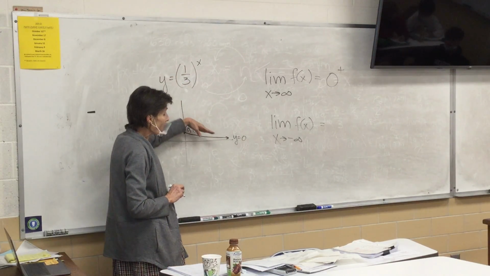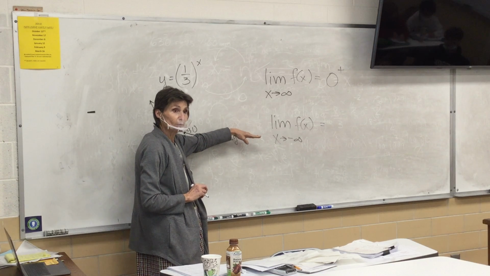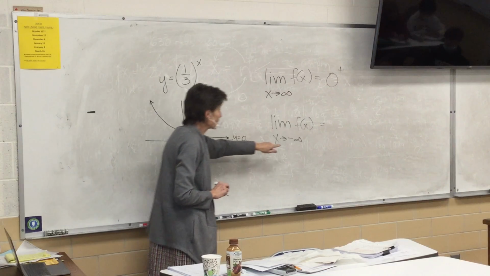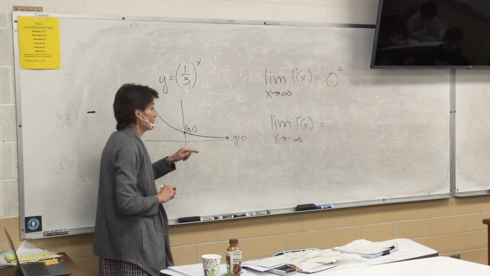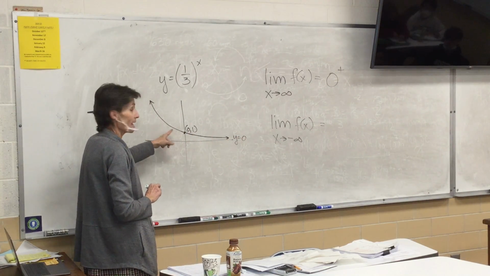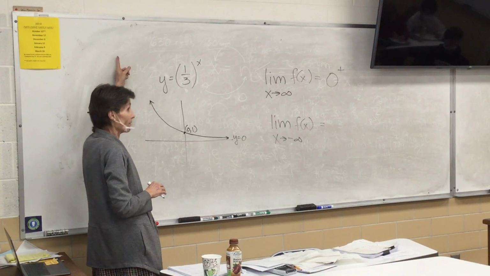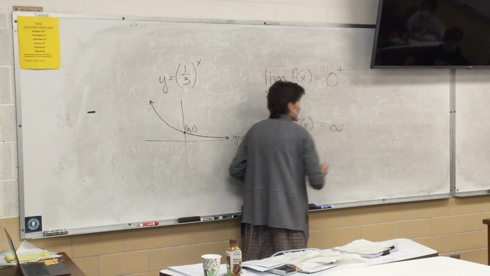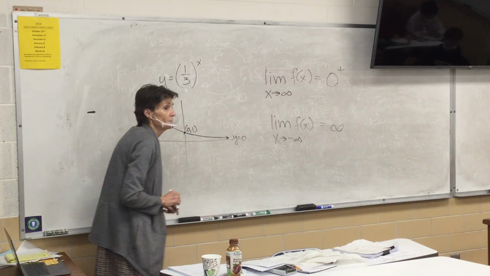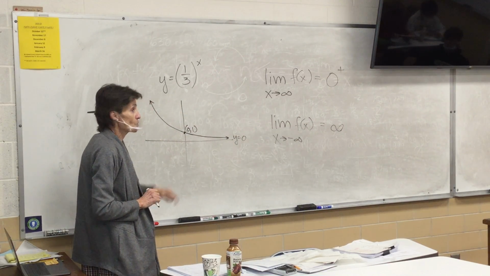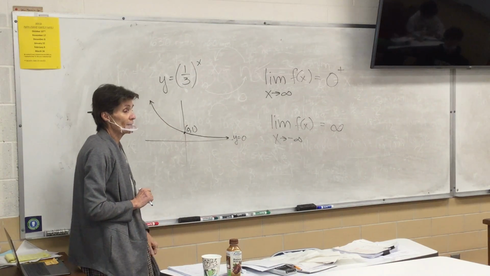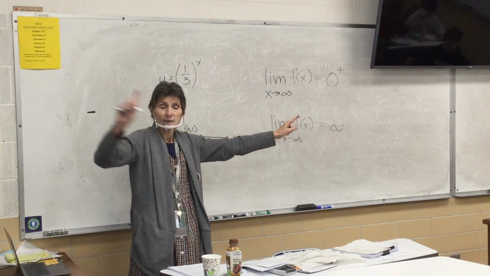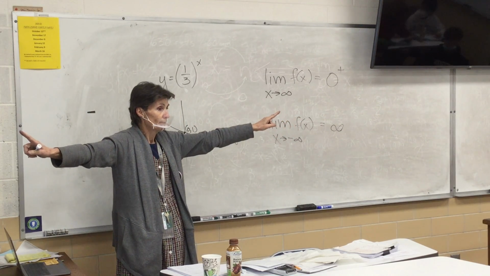It's coming down to 0. Now, what's happening on the other side? On this side, it's not getting closer to anything, it's shooting off, up into space. So we'll say infinity. It's going up to infinity. So that's what we mean by end behavior. What happens that way and what happens this way.